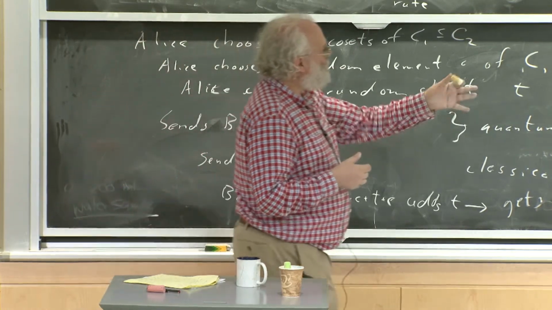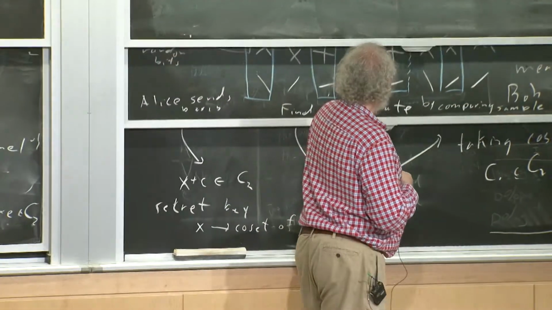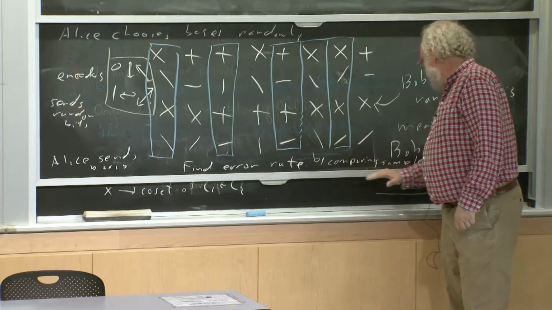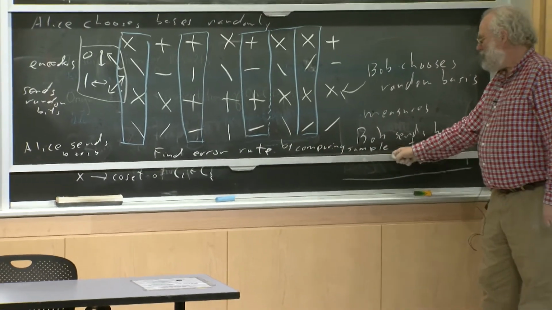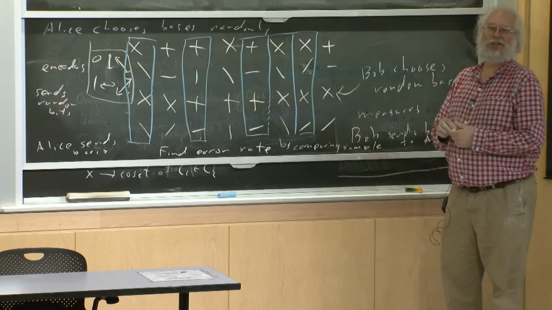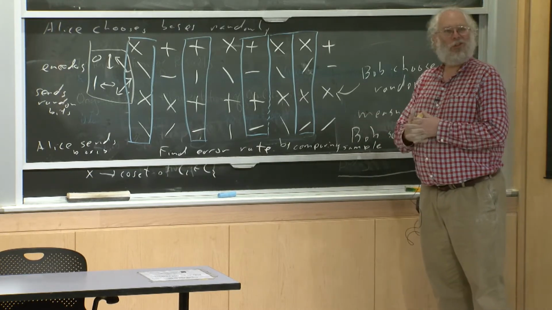And that, of course, is the same thing that Alice and Bob did in BB84 by finding the error rate by comparing a sample of these qubits. And if the error rate is too high, they abort the protocol.